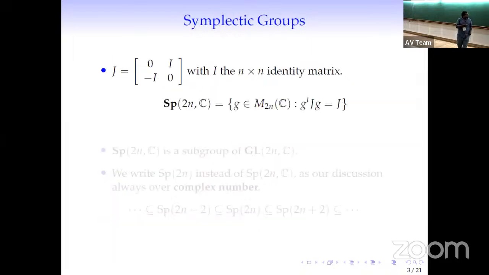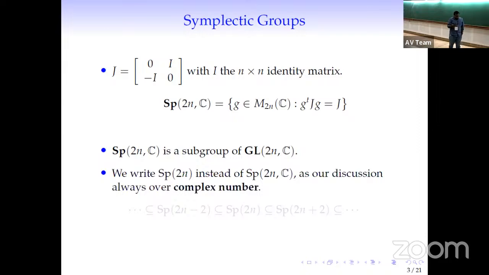Okay, so now today's group, the symplectic group Sp_{2n}(C). These are 2n by 2n matrices, defined this way, where J is the skew-symmetric matrix. Sp_{2n} is obviously a subgroup of GL_{2n}(C), and all our groups are over complex numbers, so I will denote Sp_{2n} instead of Sp_{2n}(C). Sp_{2n-2} sits inside Sp_{2n} in a very good way.